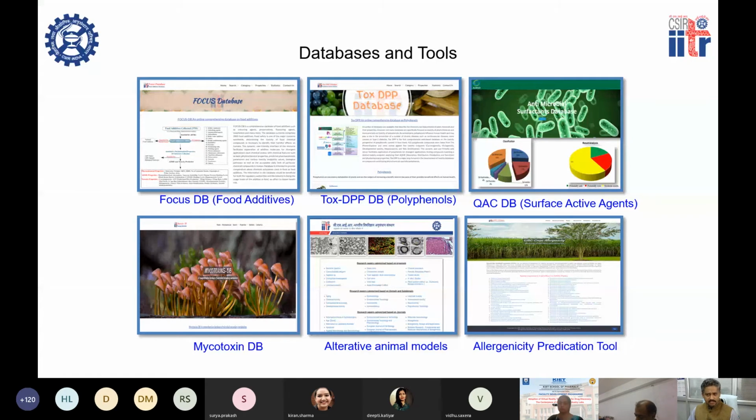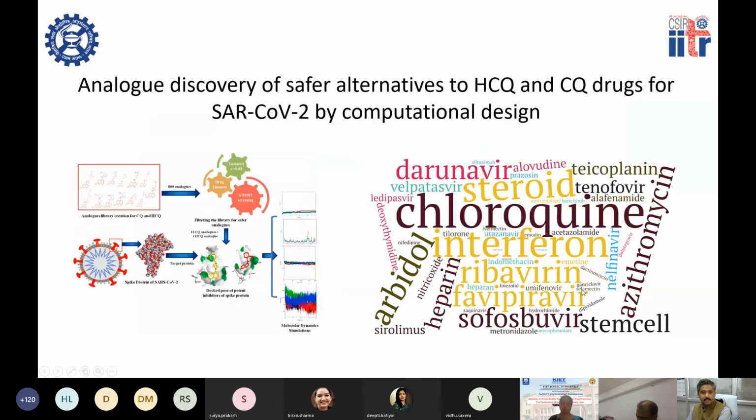ToxDB2 is a polyphenol toxicity database. We have also developed antimicrobial surface agent and mycotoxin databases. There are also literature-based text mining approaches we have developed for alternate animal models, and allergenicity predictive tools based on genes, and how they impact adverse outcomes.